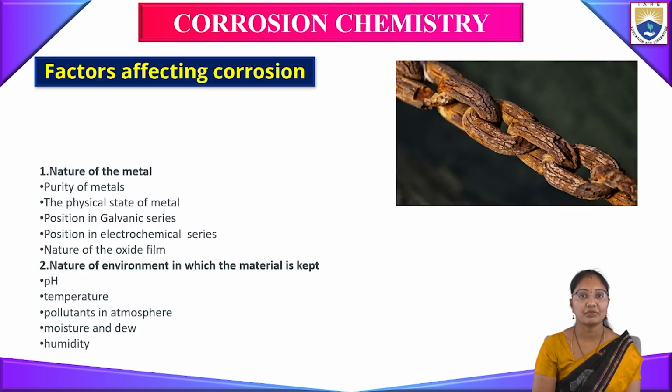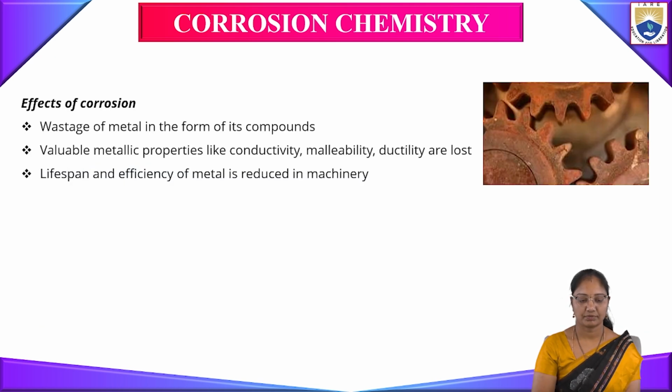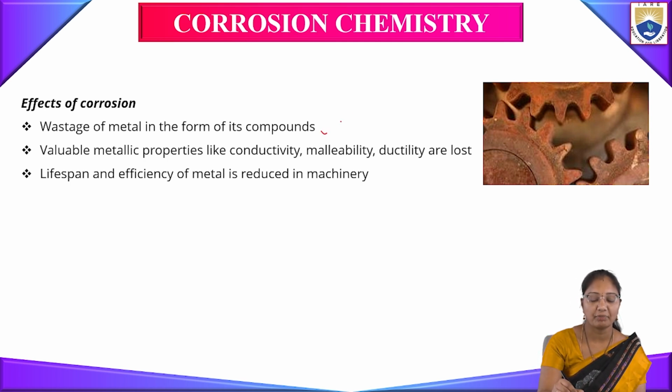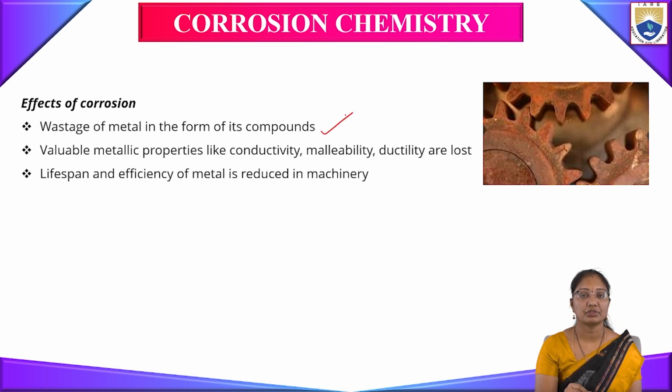So what are the effects of corrosion? First, the wastage of metal in the form of its compounds, because the layer is destroyed or deteriorated because of this corrosion.